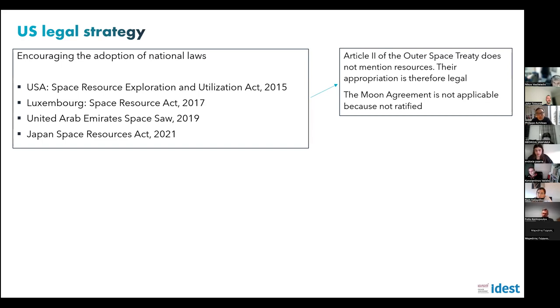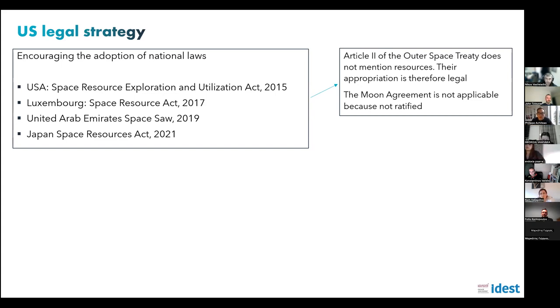You cannot appropriate the moon, but you have the right to exploit natural resources of the moon. And in addition to that, such activity would be protected under the principle of freedom of outer space, which is proclaimed by Article 1 of the Outer Space Treaty. So you see the logic behind the law.